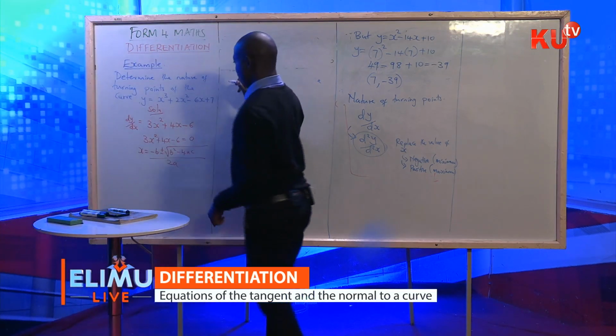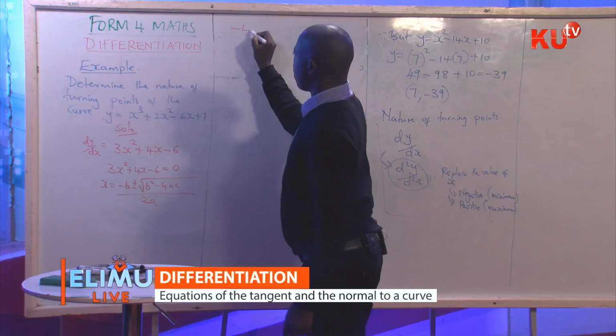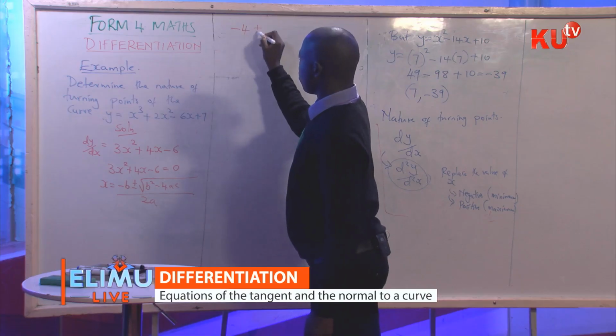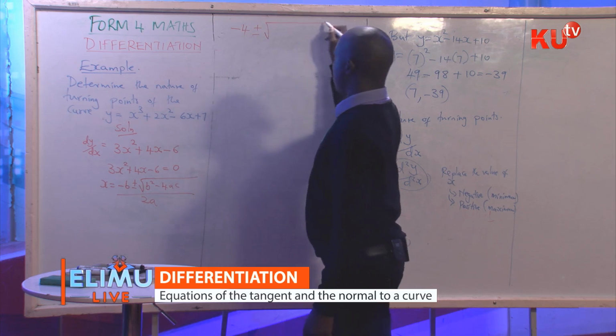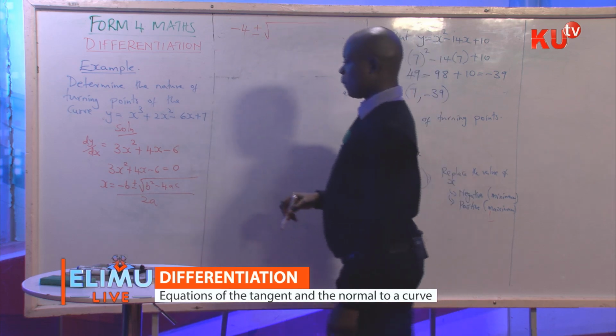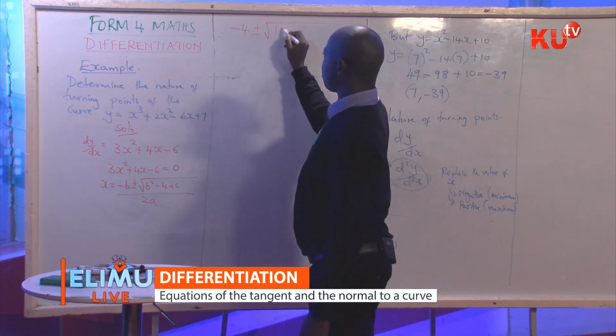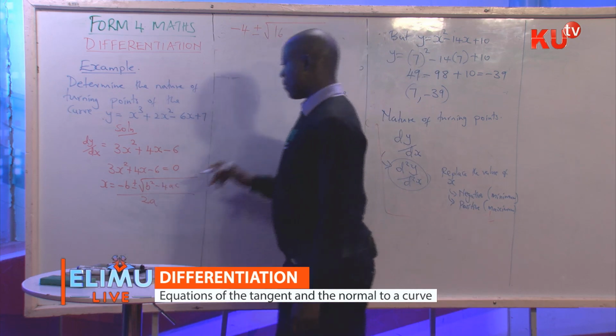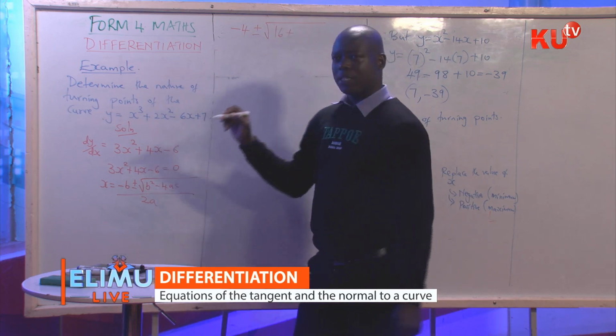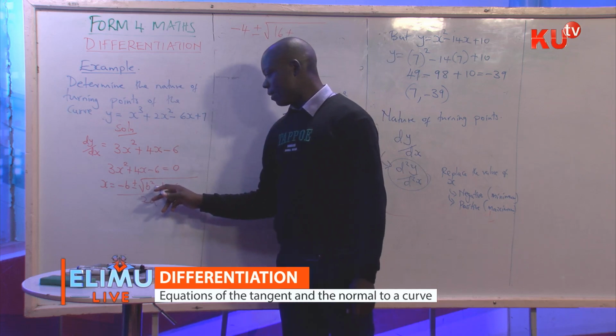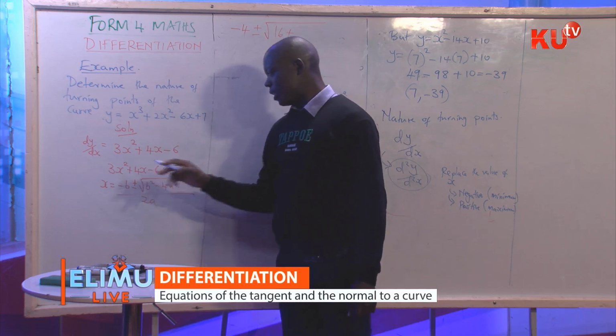So this will be negative 4 plus or minus the square root of b squared. 4 squared is 16. Then plus, why plus? Because our sign here is negative and c is negative.